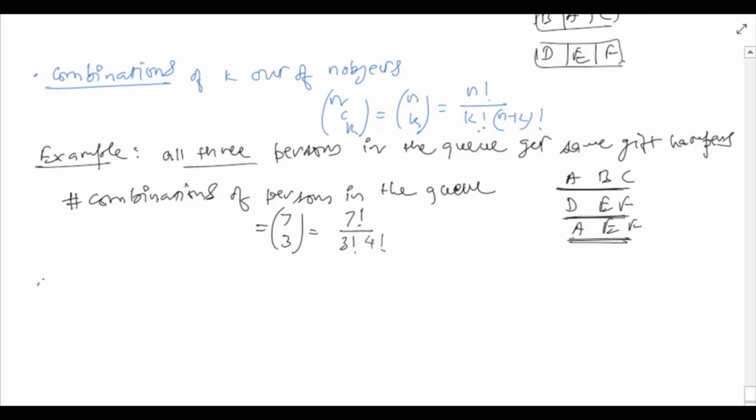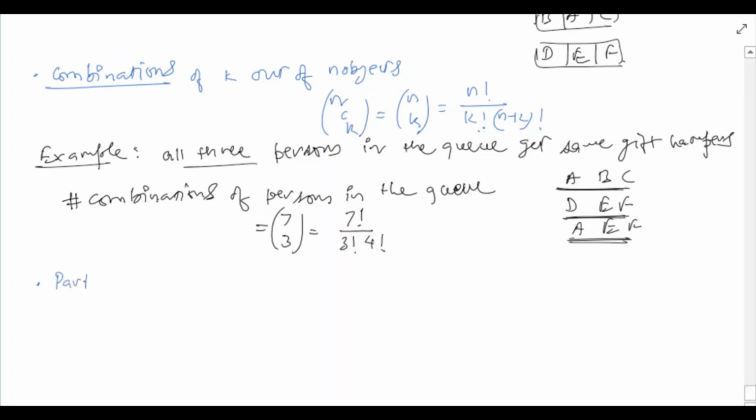The above example can be seen as if we are dividing these 7 people into 2 groups, those that are in the queue and those that are not in the queue. Basically, we want to see in how many ways we can partition the 7 people in groups of 3 and 4 people. This idea can be generalized to more than 2 groups.